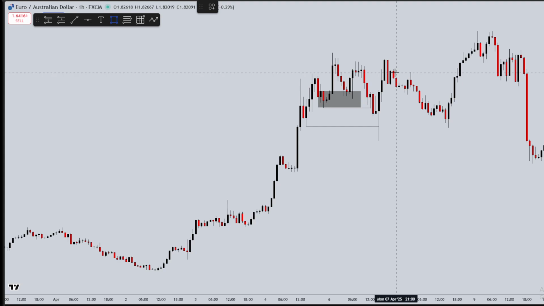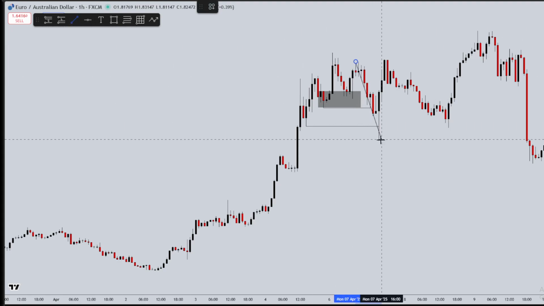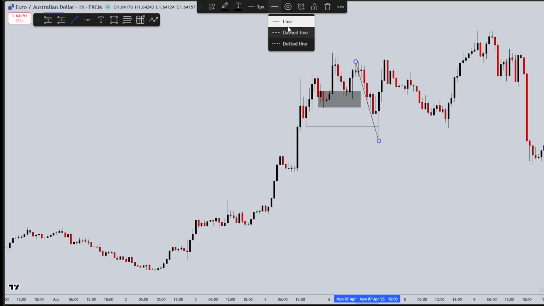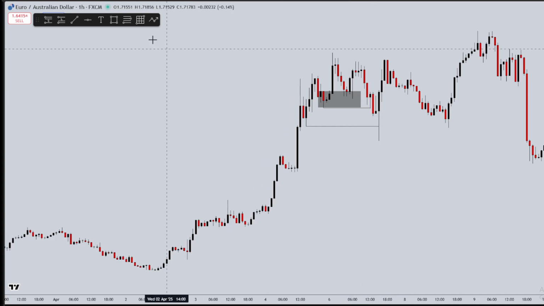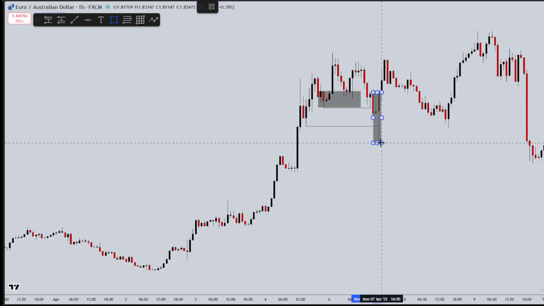Now, where do I define my order block? To me, it's that last move down before the move up. So there's two ways you can go about it. It's what you value. You can either class this whole move as the move down, or you can go off almost a candle to candle basis where it's this move down.